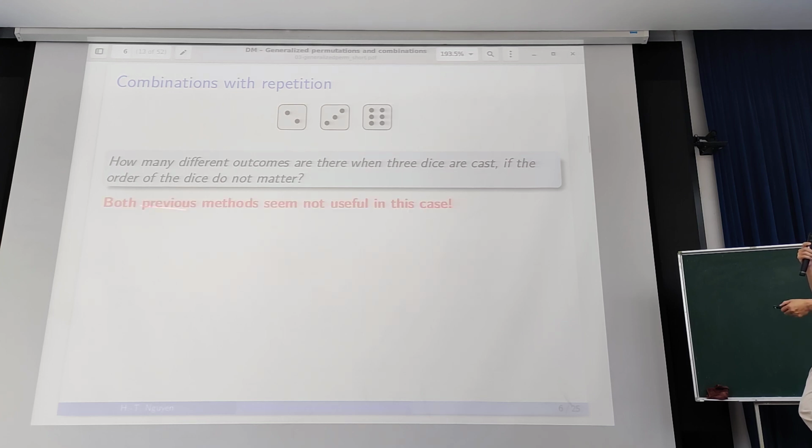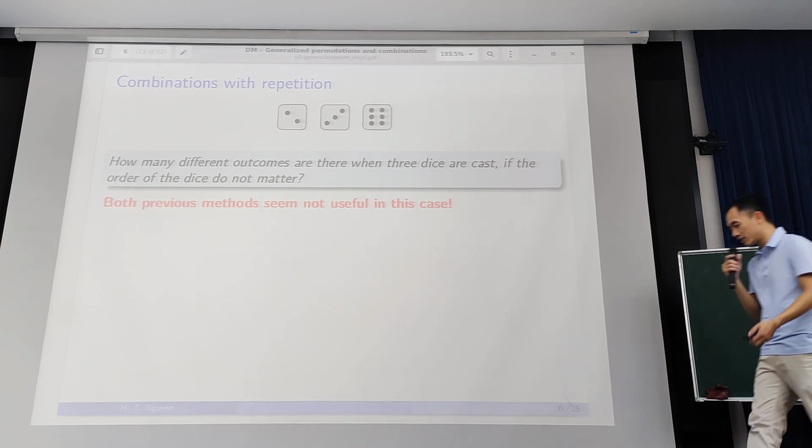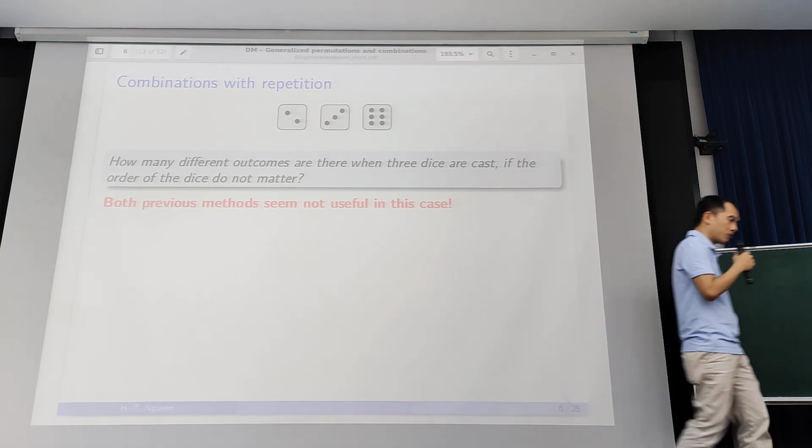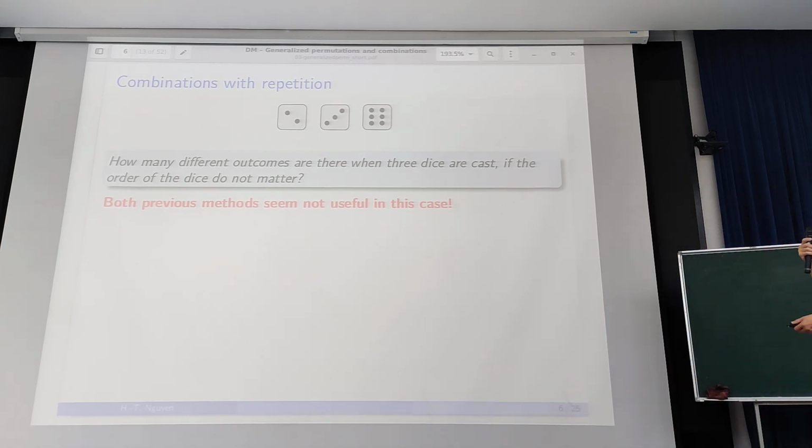You can try it at home, but it will be difficult, and it is prone to mistakes because of the number of possibilities. Okay. So is there another more convenient way to deal with this?